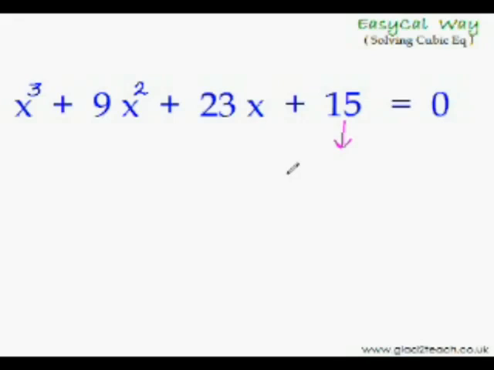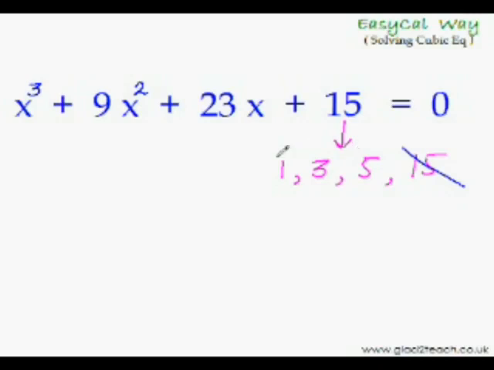Factors of 15 are 1, 3, 5 and 15. Since here we have all the plus signs, therefore we need to select three factors out of these whose sum is 9. So obviously it can't be 15, as 15 itself is greater than 9.